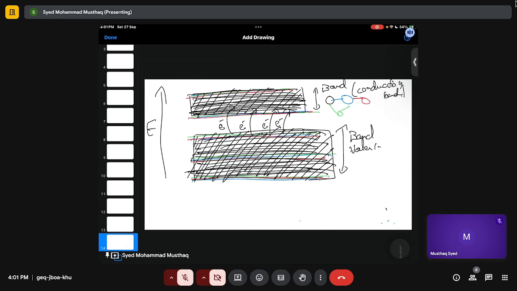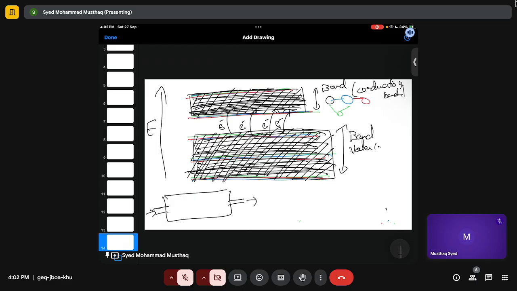And what do we mean by conducting? Conducting is nothing but because they're free. They cannot move freely in the valence band, because here all the atoms and all the electrons are located. So for example, if there is a room and one door is on the left side and another door is on the right side, now you have to move from left to right.